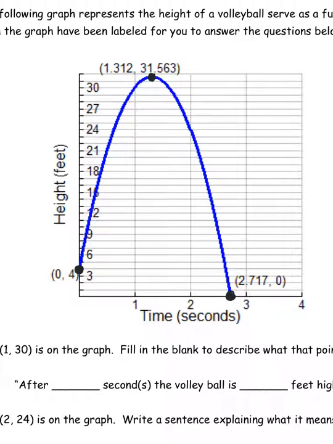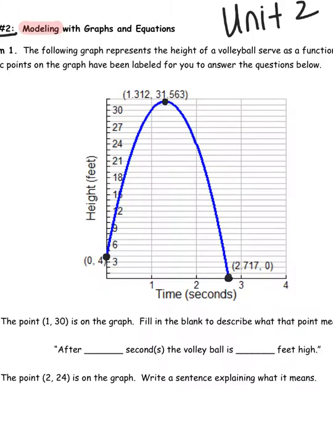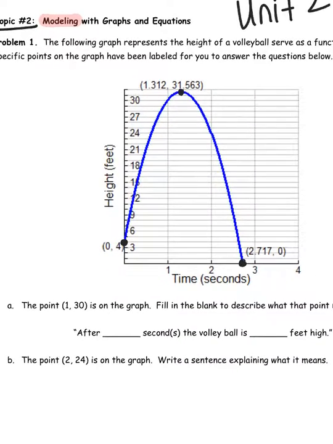And before we even answer the question, let's see if we understand these points. So we're talking about a volleyball serve. If anyone has ever played volleyball, a serve is when you start the game. I'm going to draw a little stick person here. This is my person that is serving the volleyball. She has a volleyball in her hands. And this should seem real life to you. If you've ever played volleyball before, you hit it, the ball goes up and over the net, and eventually it comes back down.